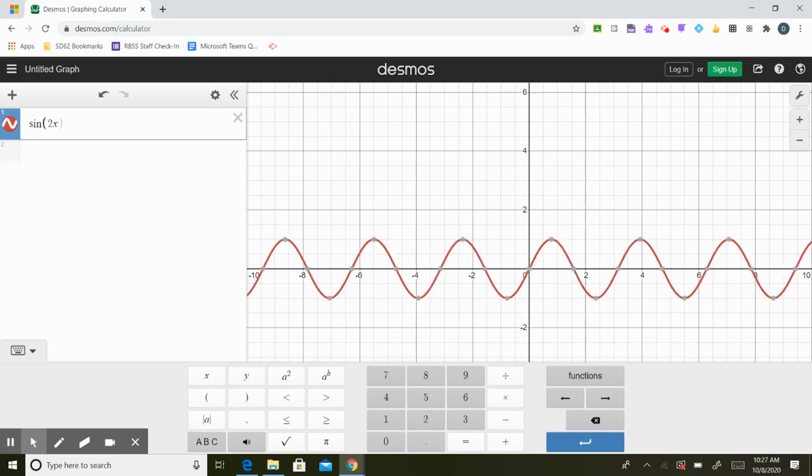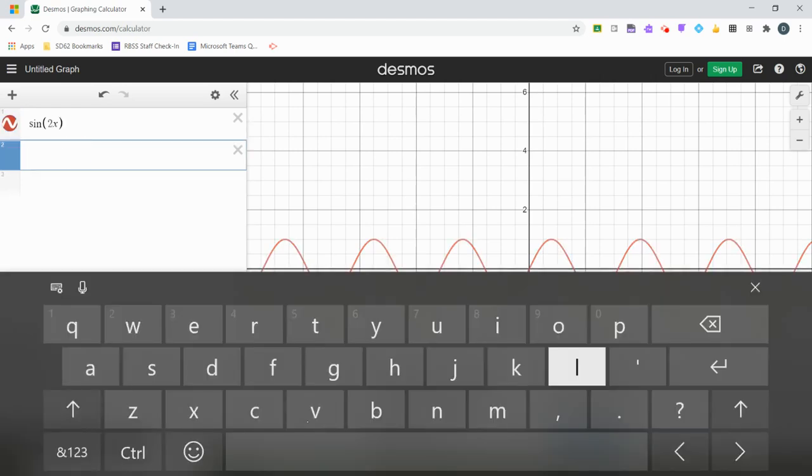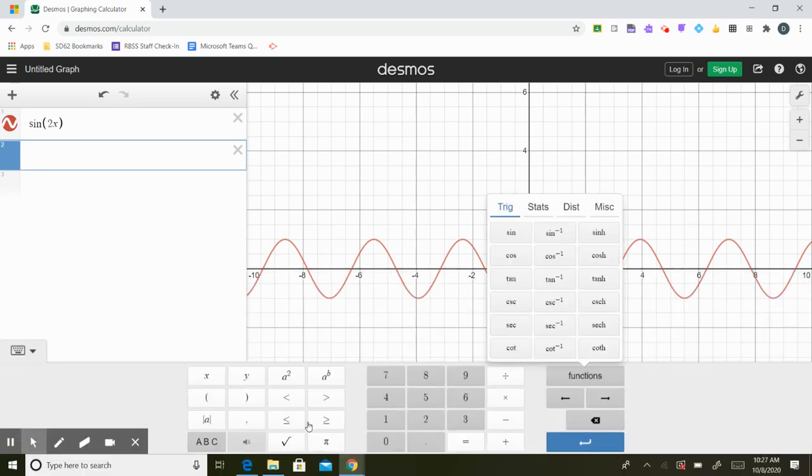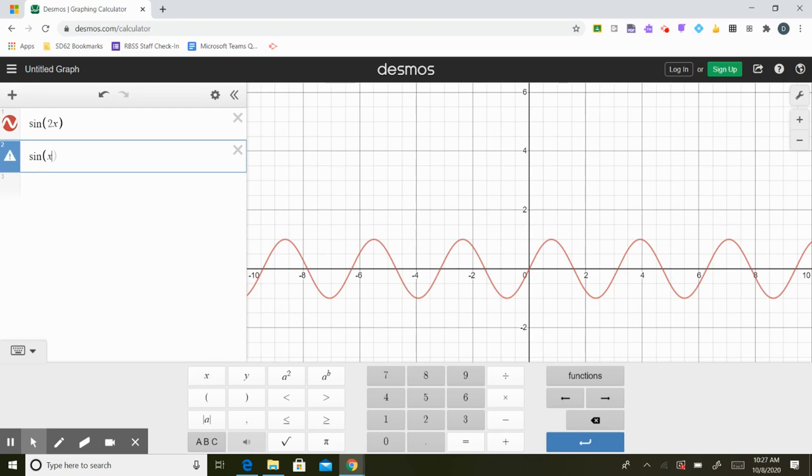You can see that it has compressed it like this, okay? If I put it right next to a sine function, the blue one is the regular sine graph. So the peak is here. It's been moved by a factor. So it's just squished it like an accordion.